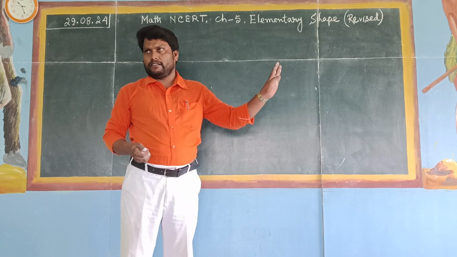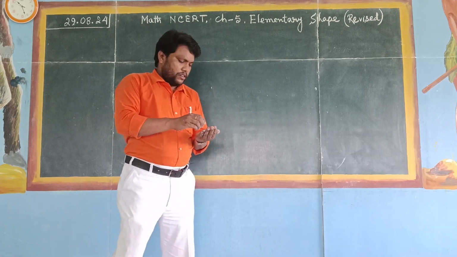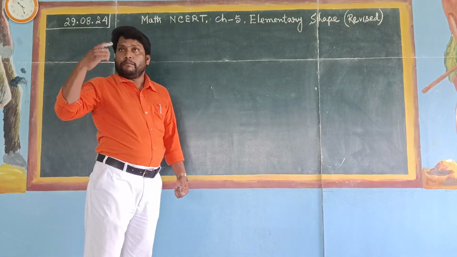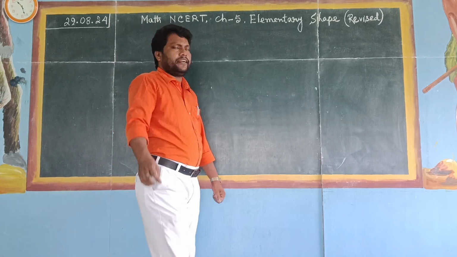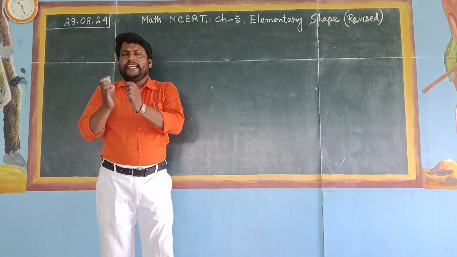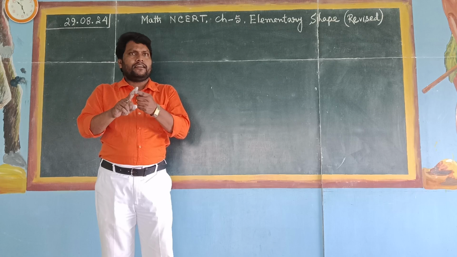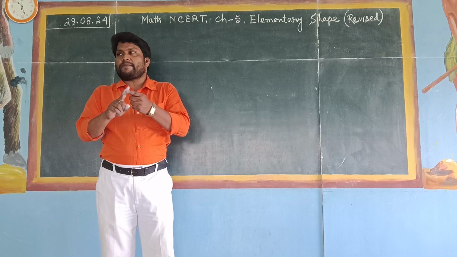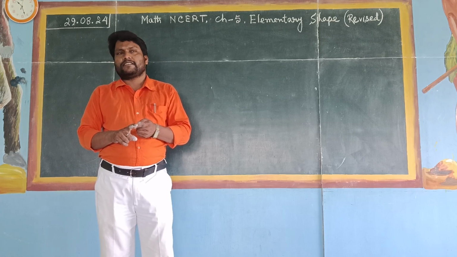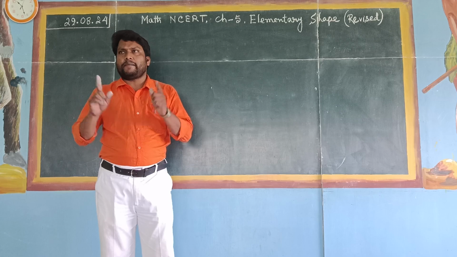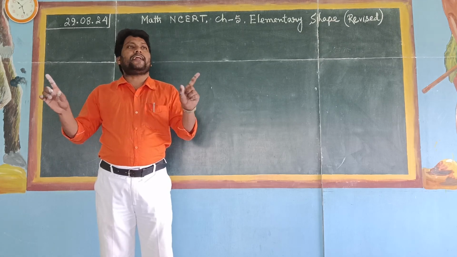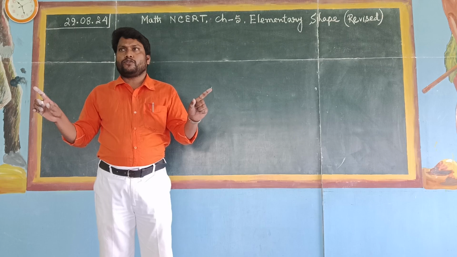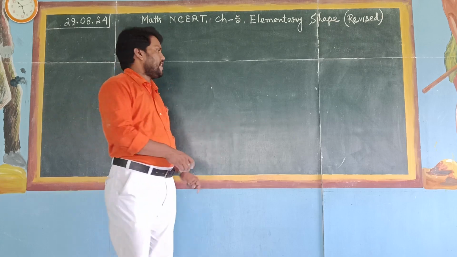I am going to the most important topic. You know that when one line intersects another line, some angles are formed, and the names of the angles are of different types. So what are they? I am drawing.